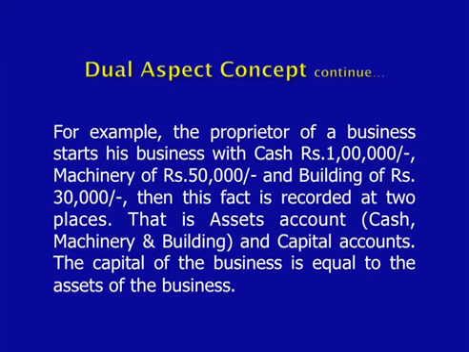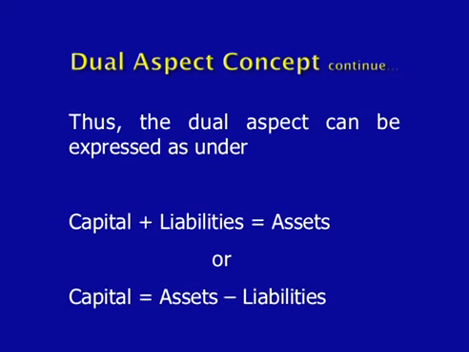Then this fact is recorded in two places, that is assets account and the capital accounts. The capital of the business is equal to the assets of the business. Now, look at this. The capital plus liabilities is equal to assets.